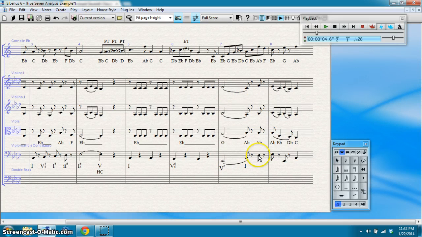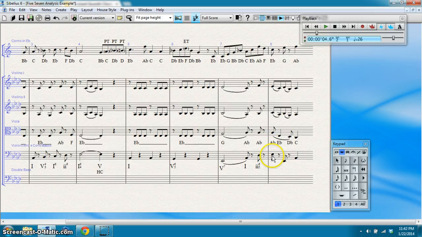This moves to another 2-6 chord, just like before. With D flat in the bass, we have B flat, D flat. Actually, we have an A flat and an F. So this is actually a 2-6-5, so it's a 7th chord.